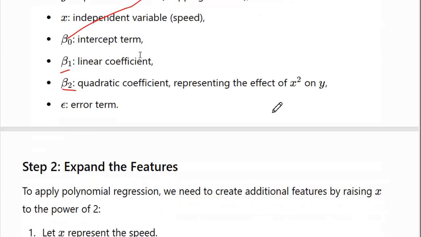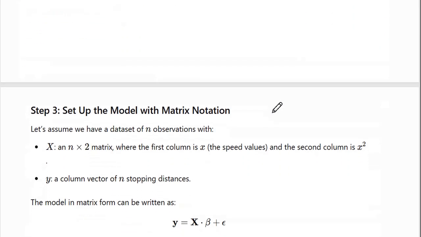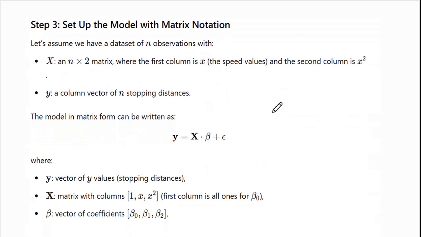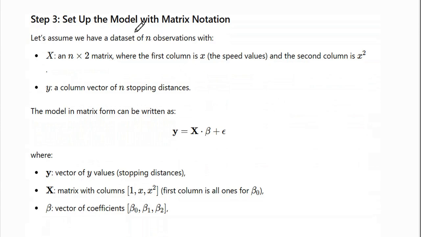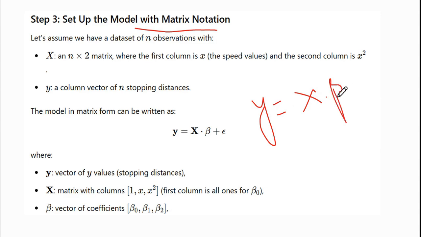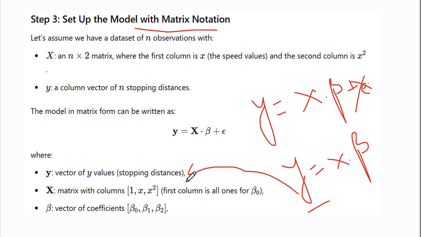So now we have to set up the model with matrix notation. Y equals X dot beta plus epsilon. We are forgetting about the epsilon value; we mainly focus on y equals X times beta. Here, what is y? Y is the vector of y values.